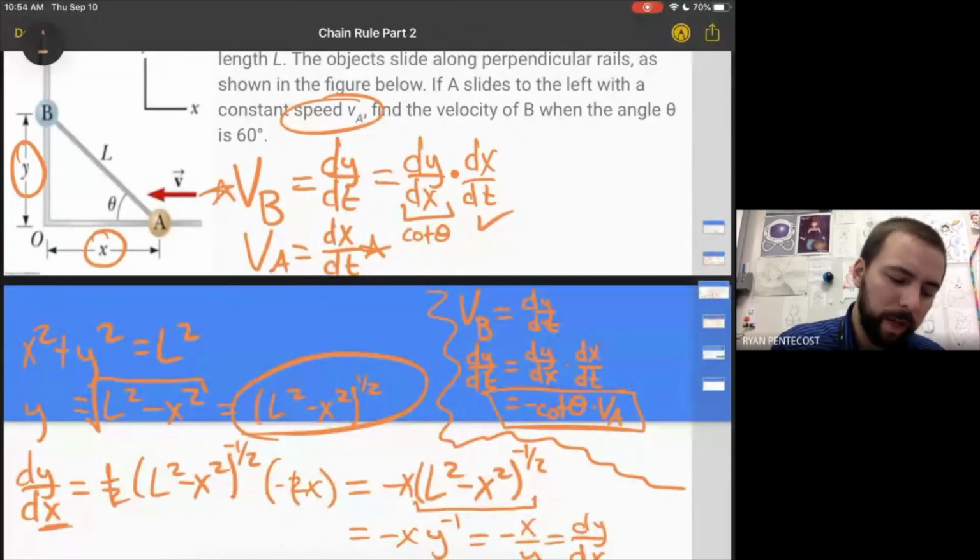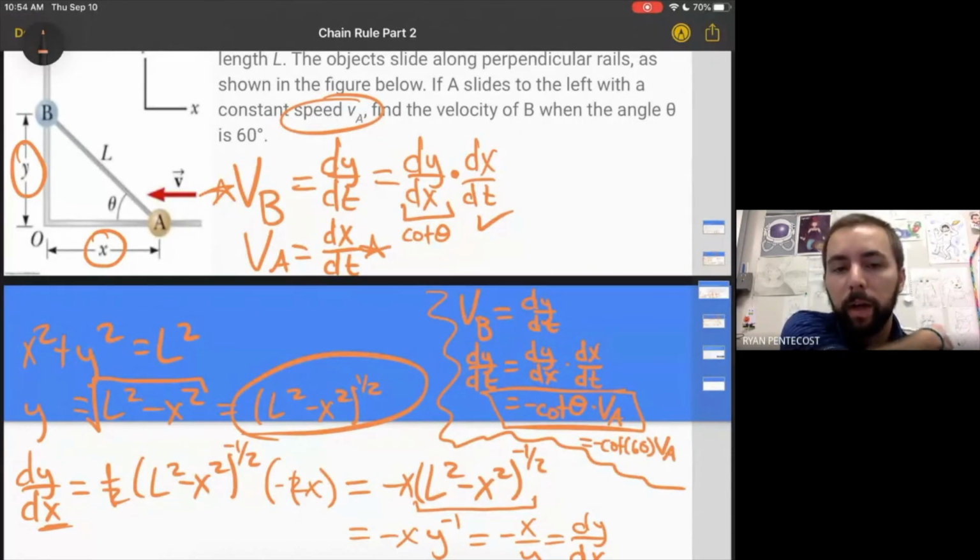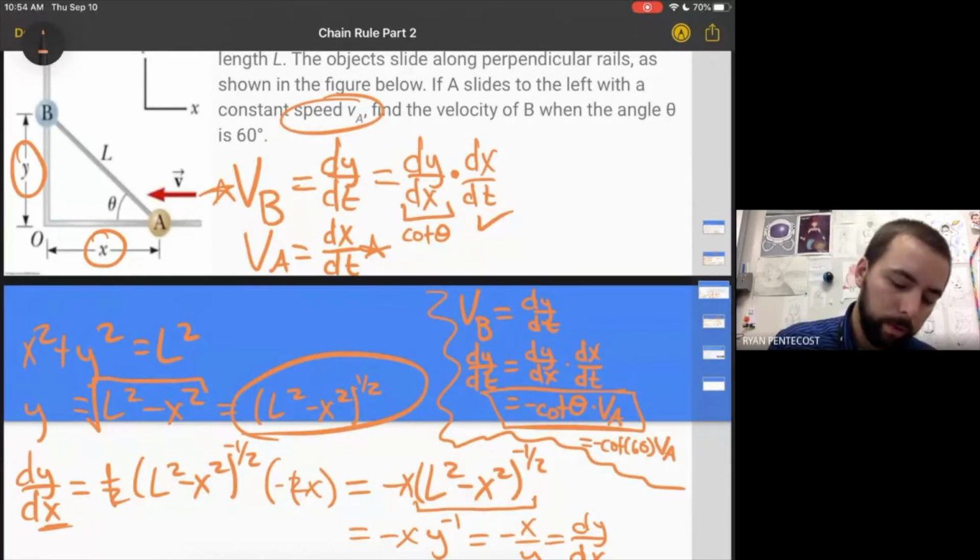Since we actually have an angle there, you could also say that this would equal negative cotangent 60 VA. And you could evaluate that to a number if you'd like. But those are your ways to find that answer.